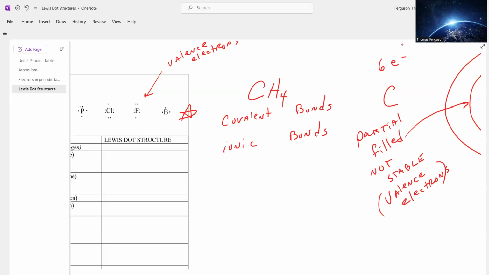Ionic means that we're transferring electrons. So an ionic bond in terms of an apartment would be, kick that person out, and here's your stuff, have a nice day. Cohabitat means you share. Covalent is share. Ionic is transfer.